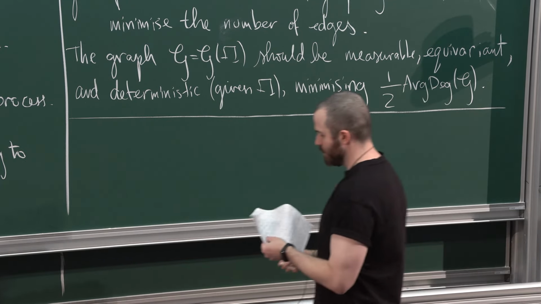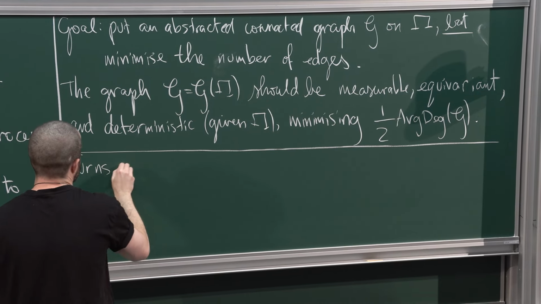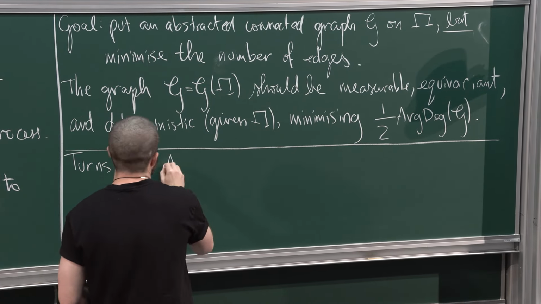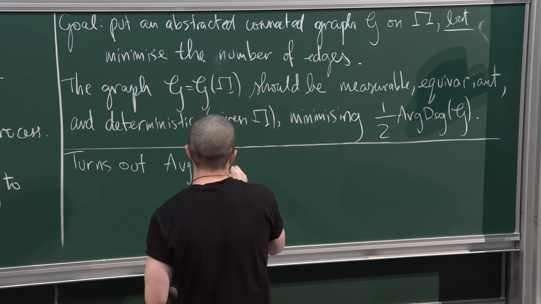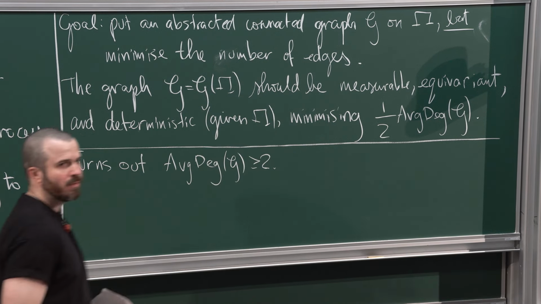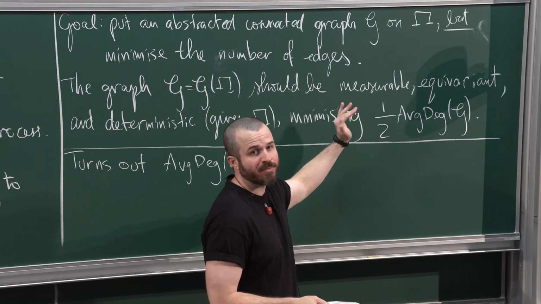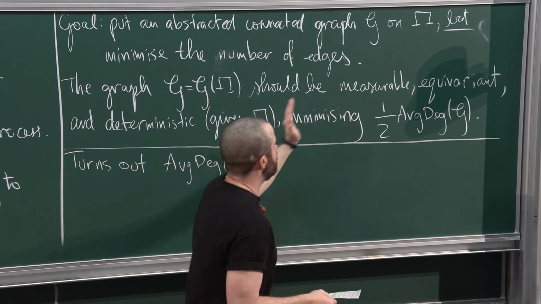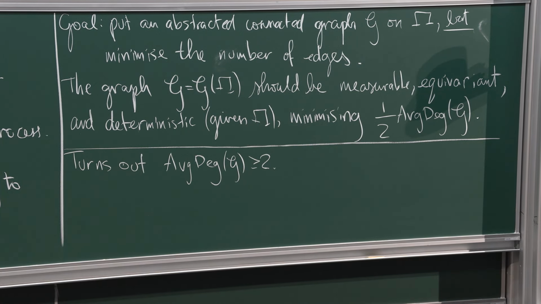It turns out that the average degree, at least for the Poisson, is always at least 2. This quantity, 1/2 the average degree, that's what we're calling the cost of this point process, or rather the infimum of this, the cheapest way to connect it up. So you don't need to worry about this normalization constant, just think about this average degree notion.